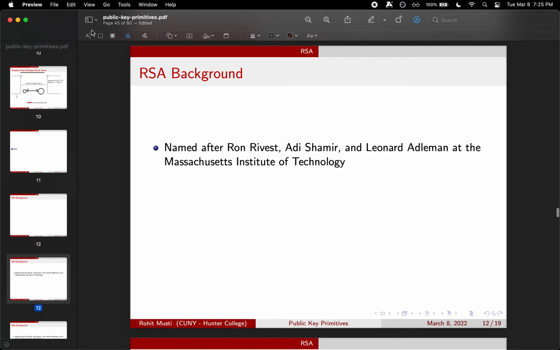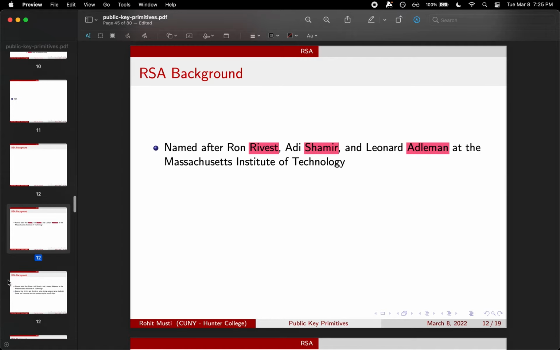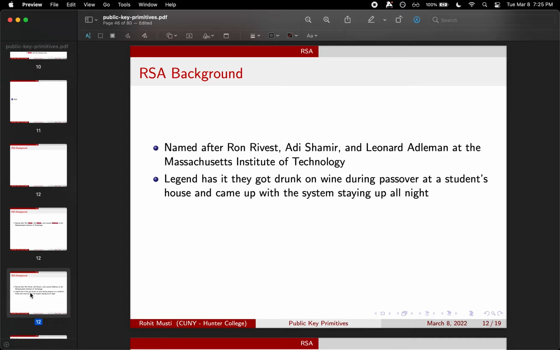RSA is named for Rivest, Shamir, and Adleman at MIT. If you study cryptography after this class, you'll see Shamir show up later in this course, and Rivest and Adleman are also important thinkers in the space.